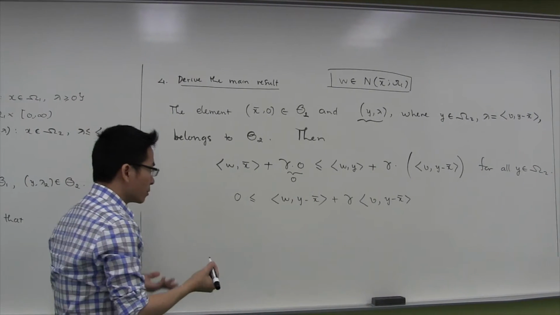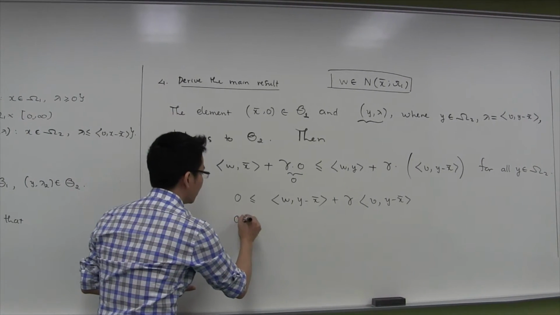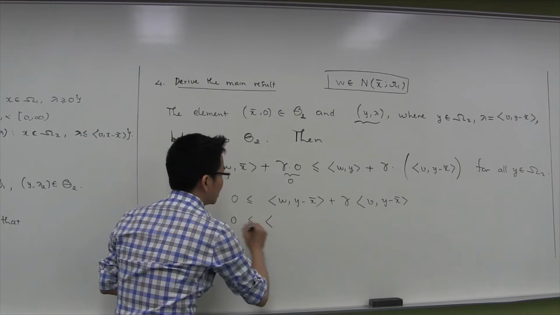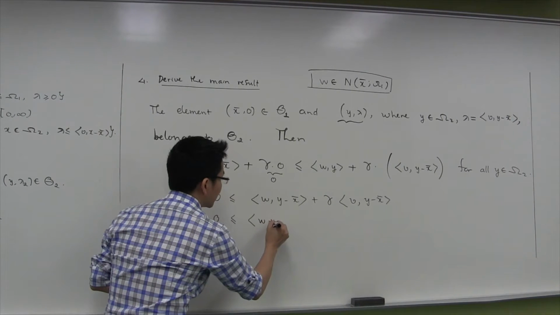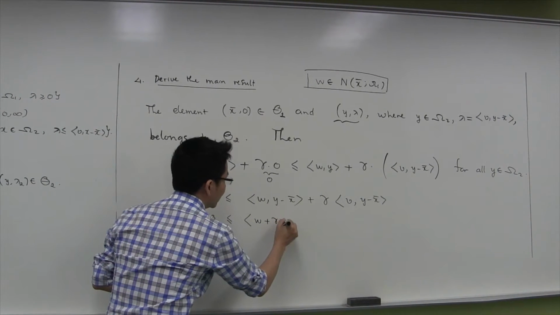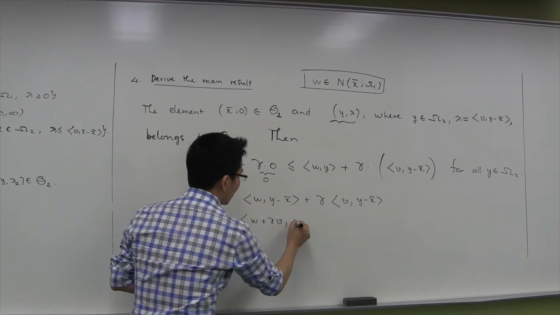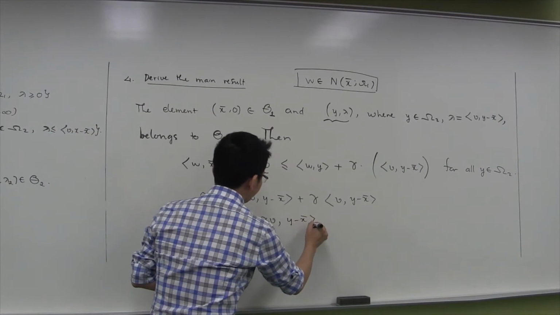So we can also write it as 0 less than or equal to the inner product of w plus gamma times v with y minus x bar.